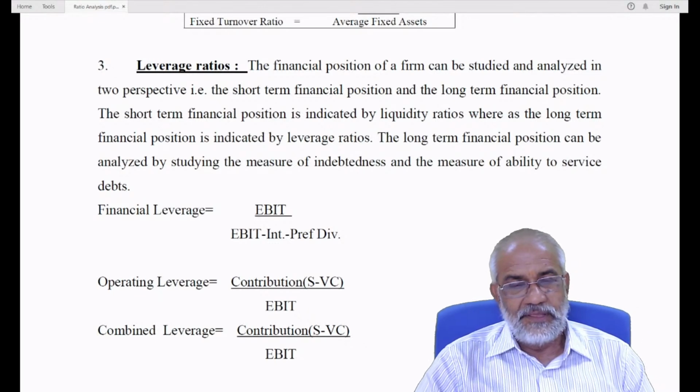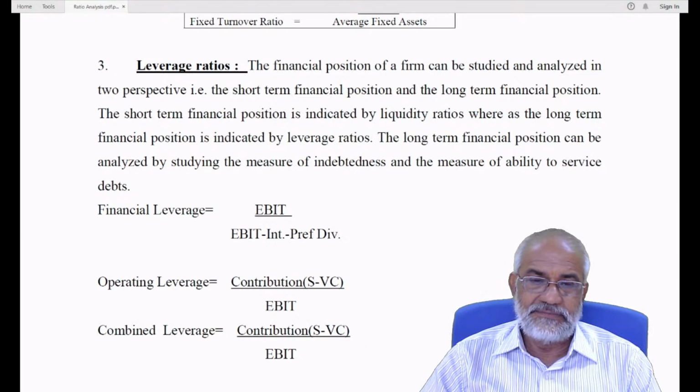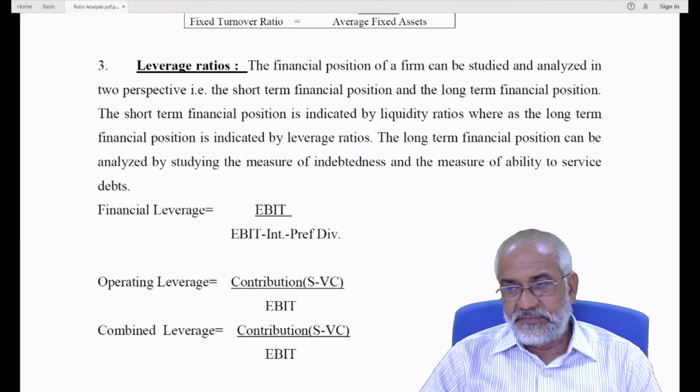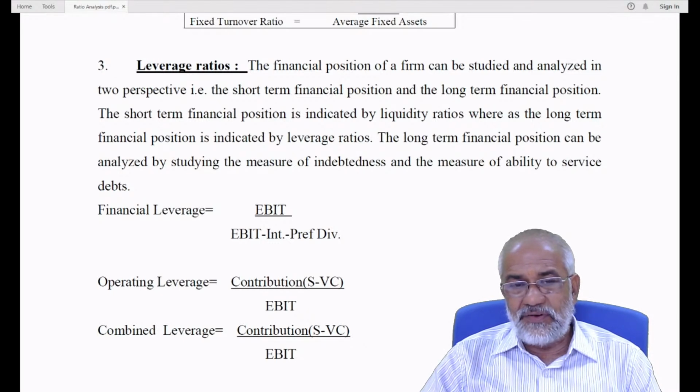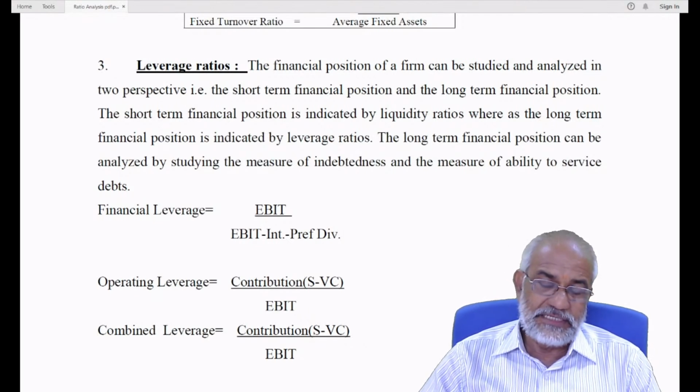Now there are two options in the hands of the organization: either to go for raising equity capital for that 1 lakh rupees, by issue of equity shares, or to take a loan from outside which bears a rate of interest of 10%.